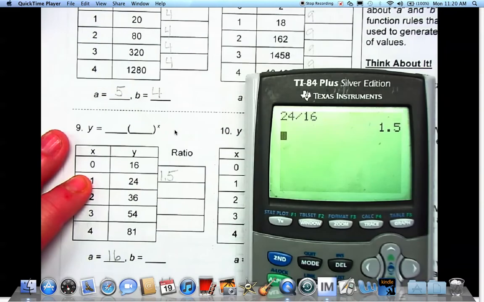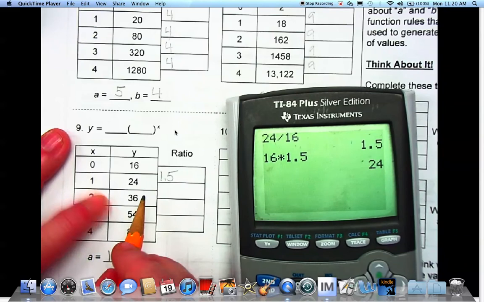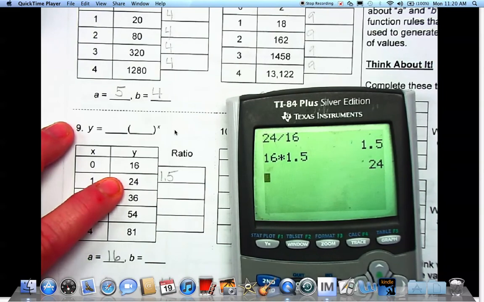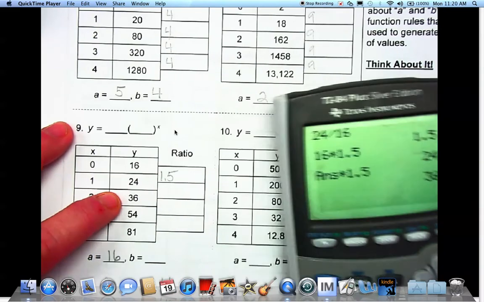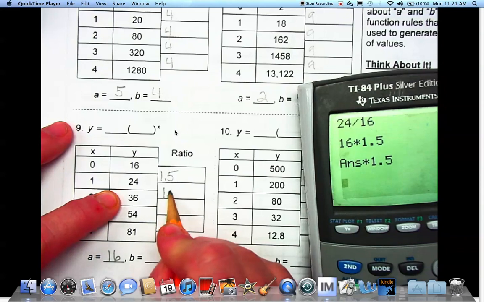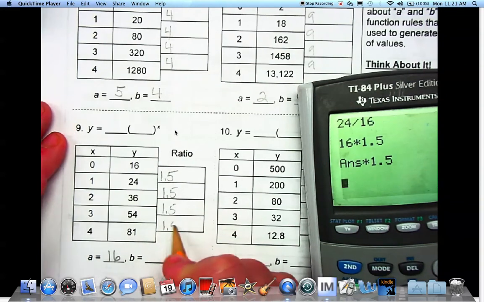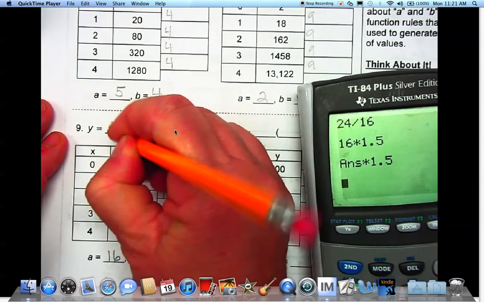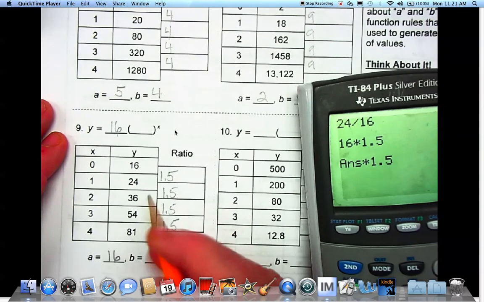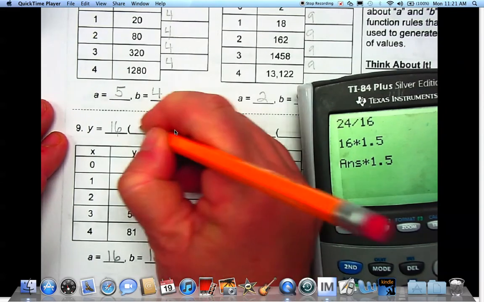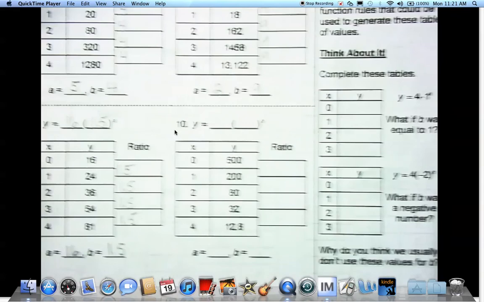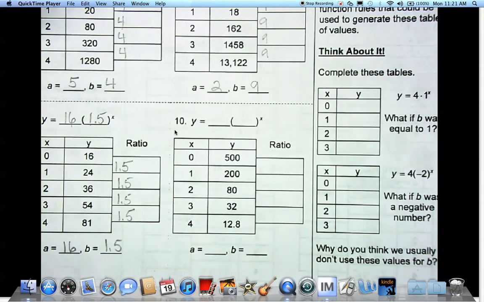Do 16 times 1.5 and make sure it's right. And then 24 times 1.5. Okay, so it's working. You get 36. So y equals 16 times 1.5 to the x.